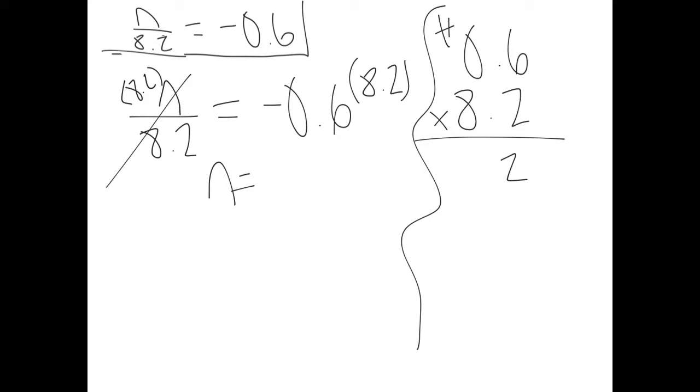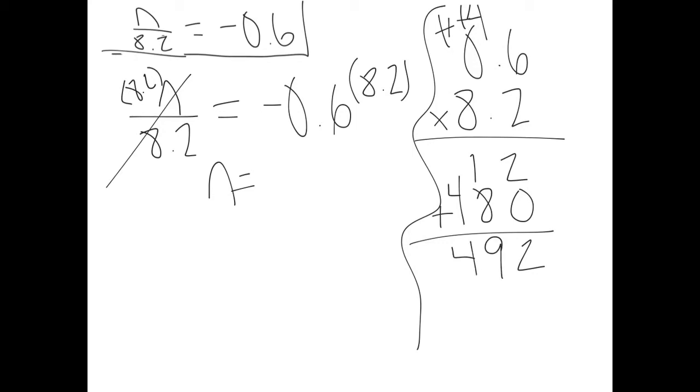Plus 1 is 1. Add the 0. 8 times 6 is 48. Plus 4. 8 times 0 is 0. Plus 4 is 4. So we'll have to add that. So 2, 9, 4. Okay.